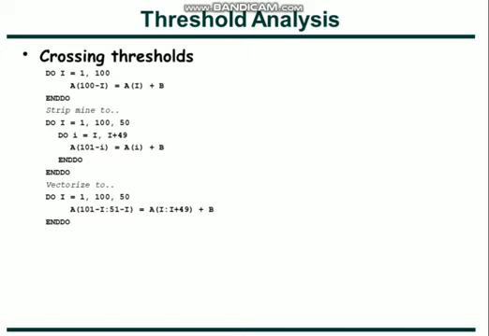So the first iteration has dependence on the 99th iteration. In the first iteration a of 99 is calculated, and a of 99 would be used on the right-hand side in the 99th iteration.